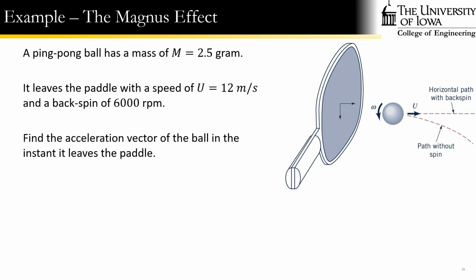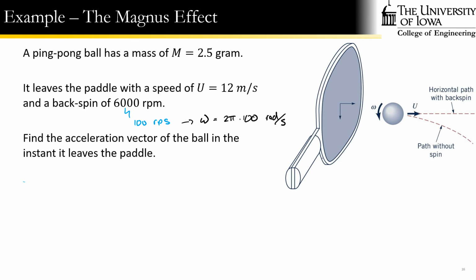So we would say this works out to 100 rotations per second. Which means omega is going to be 2 pi times 100 radians per second.